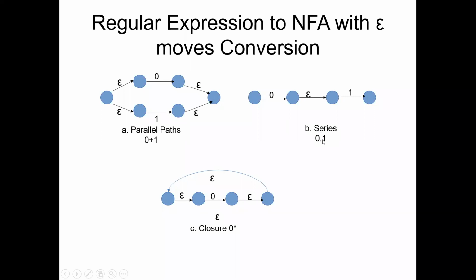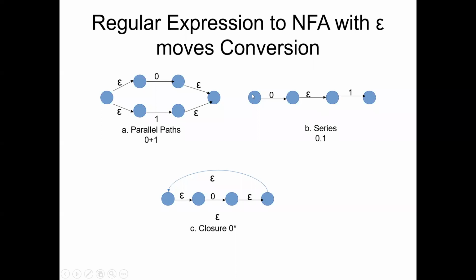Now if you have a concatenation like this, you can convert this regular expression into finite automata like this. Initially you will have a transition on 0 from one state to another state, then there is an epsilon move, and then you have a transition on 1.